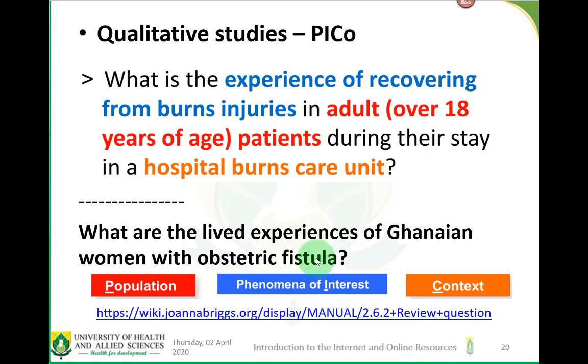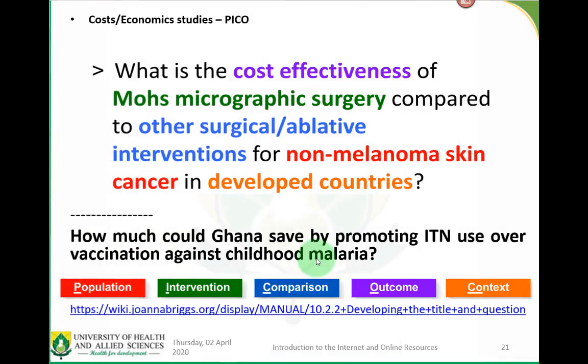But within that whole noun phrase, you can still see the population, Ghanaian women with obstetric fistula, and you can see the context, Ghana, as in Ghanaian women, so Ghana. So all these three are encapsulated in just one noun phrase. I hope you got what I was trying to explain. And also remember that you do not need every single one of the elements in these mnemonics to be present in a particular question to qualify as a complete research question.